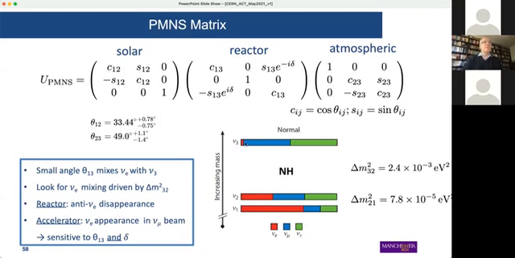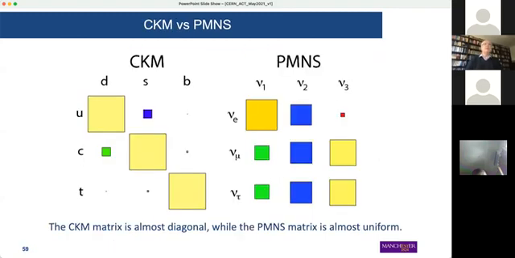Again, this component is small, and if you do that, you would be sensitive to measure this to θ13 and the phase. And one of the challenges will be to disentangle, if you measure this part of the matrix, the two effects. And that's what we'll talk about in the rest of this lecture.